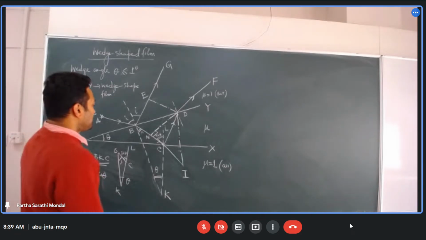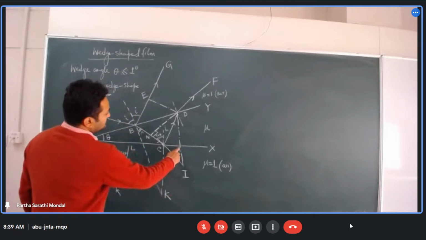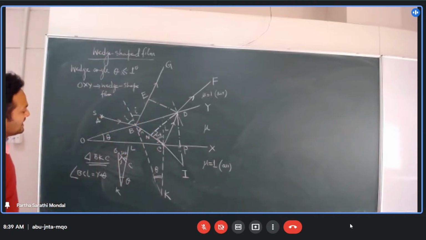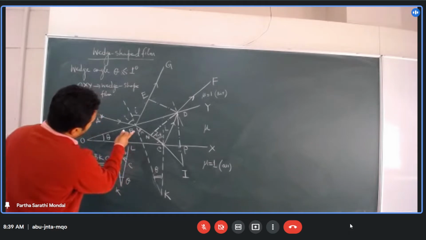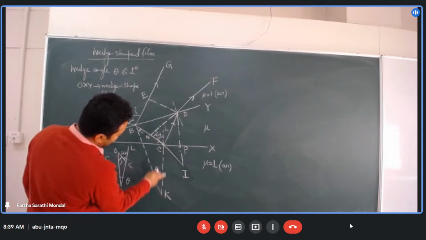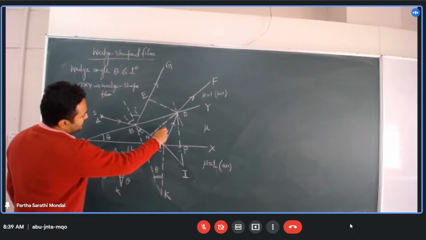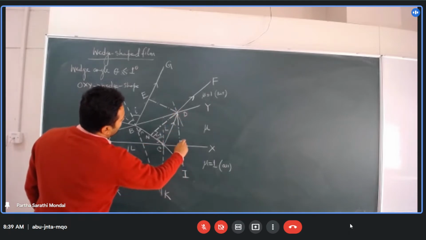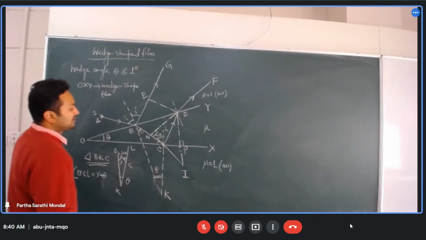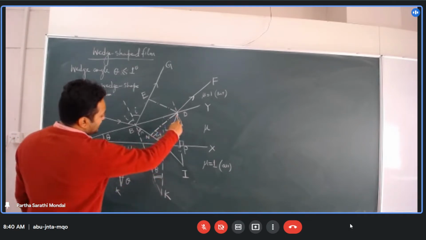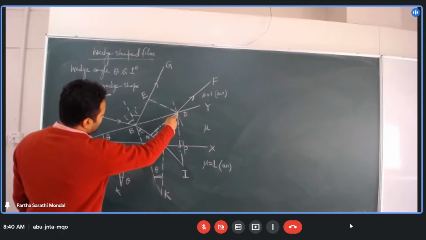So now see, suppose let's say this is P. Now let's say this line LK, this dotted line, is perpendicular to X, and DI is also perpendicular to X. So that means LK and DI are parallel, and this is your bisector.